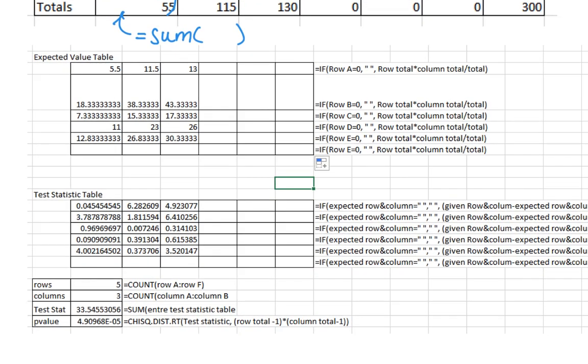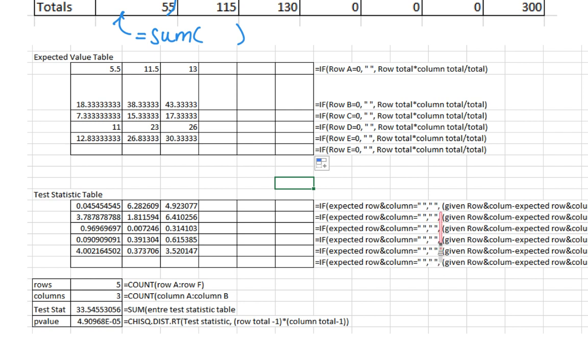To do the test statistic, I'm going to do if expected row and column, that's this. So this is in position 1, so row 1, column 1. So if this expected cell is equal to, and then I did a quotation space, comma, and then quotation space, comma.